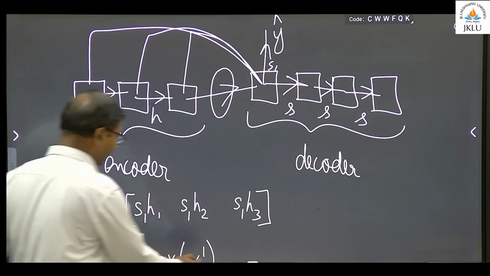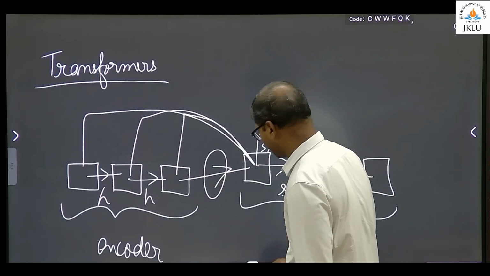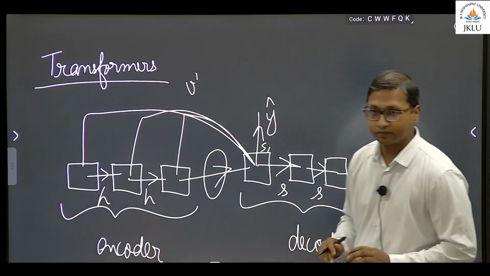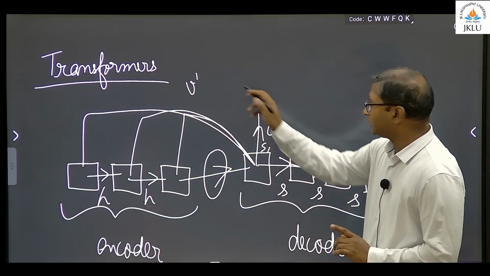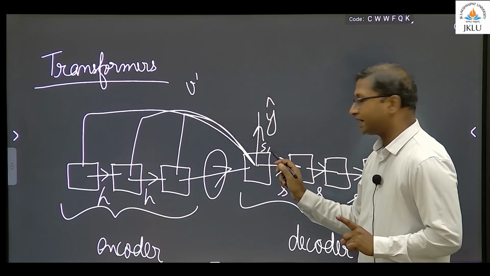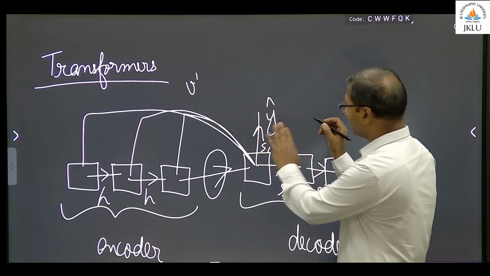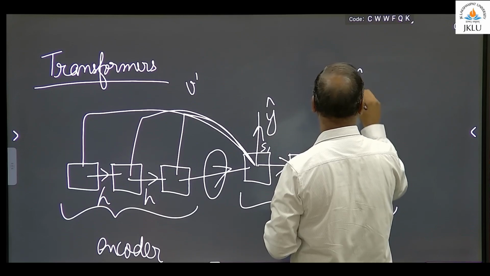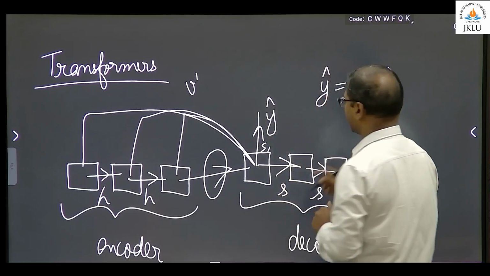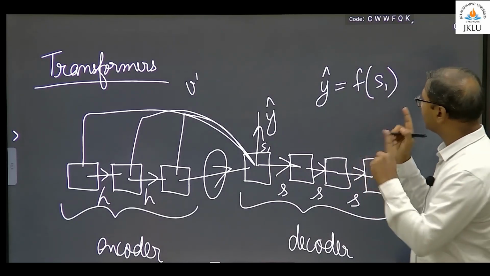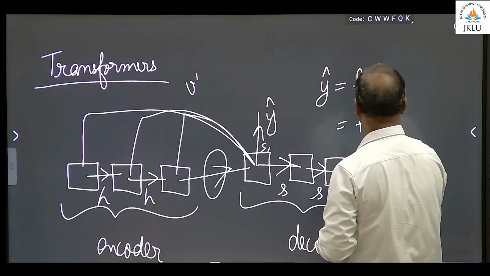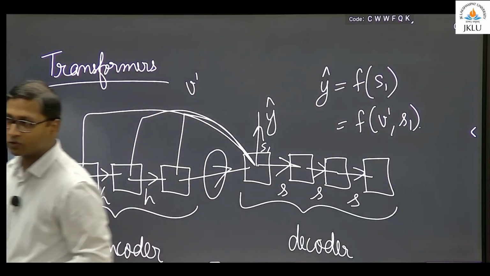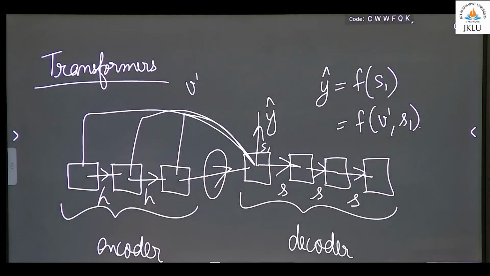See, you have done all these things here. You have got this vector V1. Attention is done. Take V1, take S1, compute y hat, right. So y hat, if you see, was a function of just S1 until now, but now it becomes a function of S1 and V1. So you just concatenate V1.